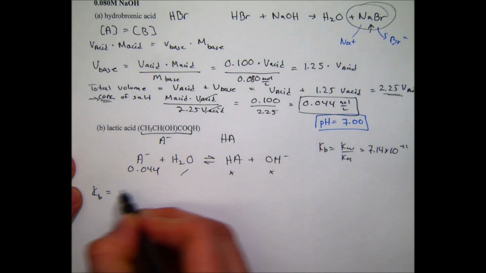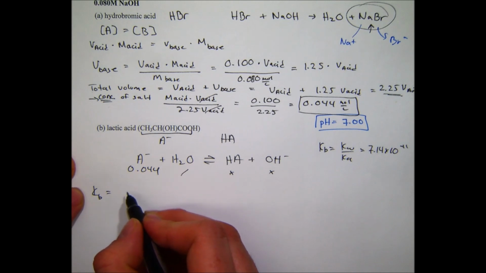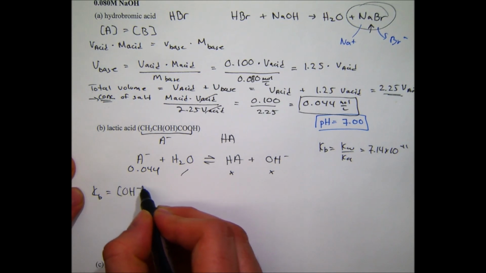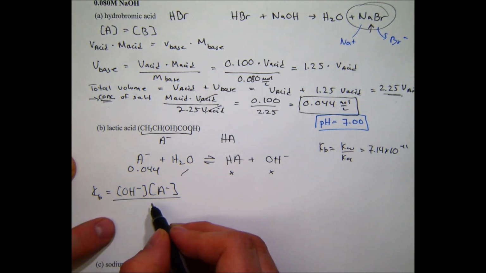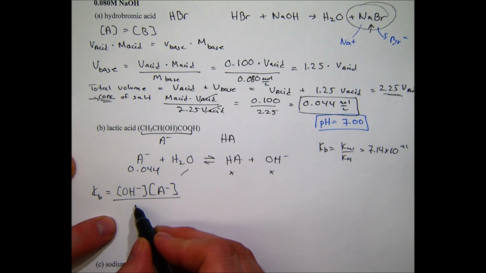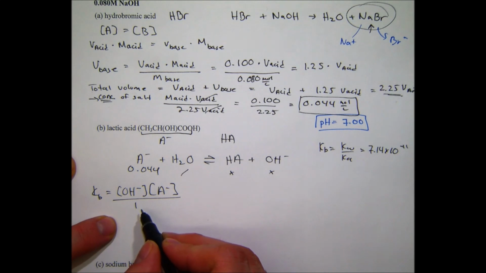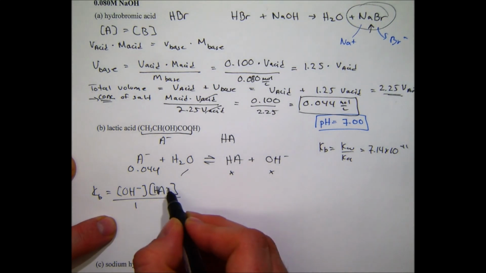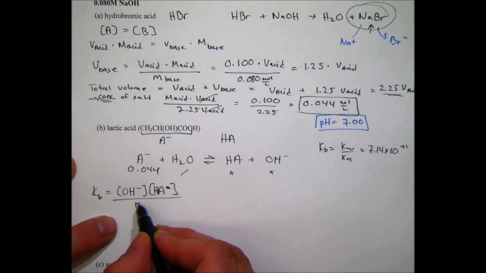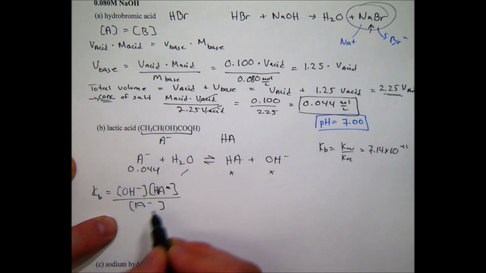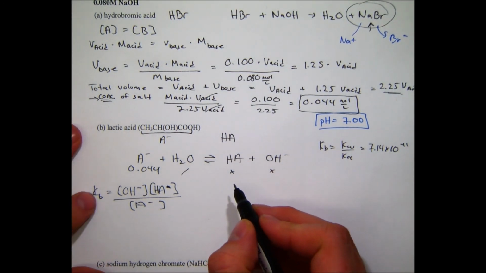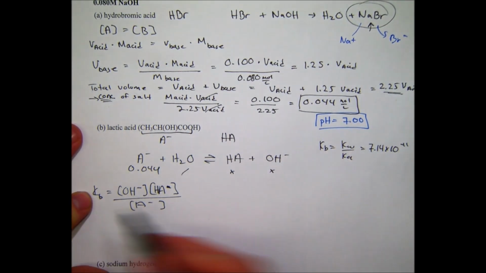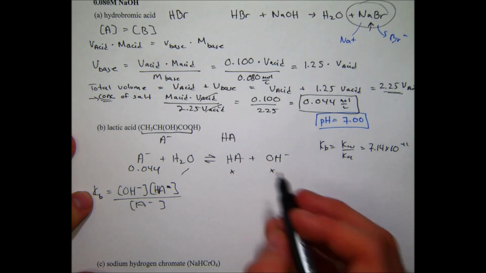So Kb is equal to the concentration of OH minus times the concentration of HA, all over the concentration of A minus. It's the Kb expression. So rearranging this equation for X is very simple.